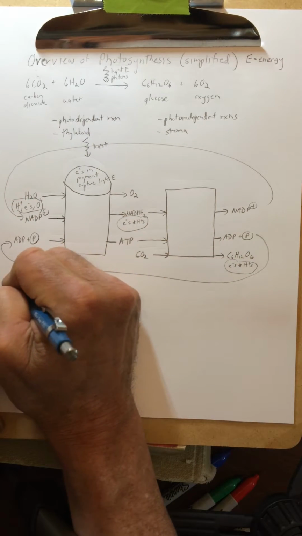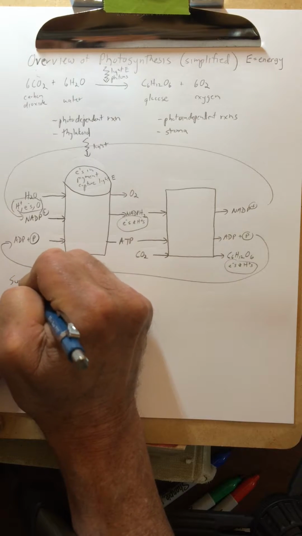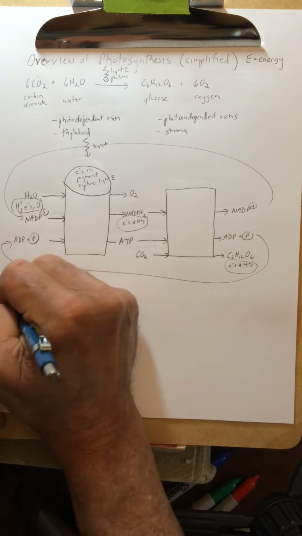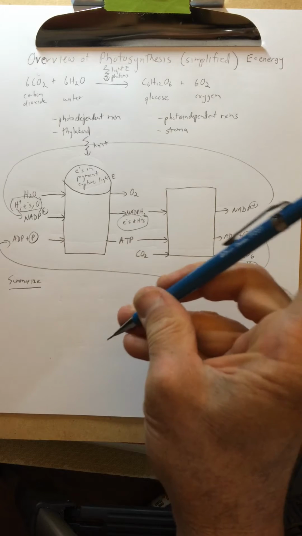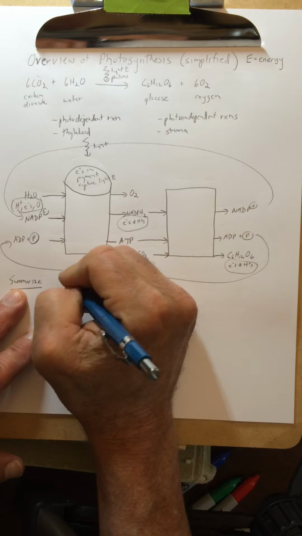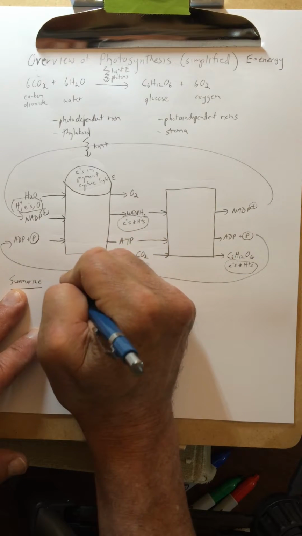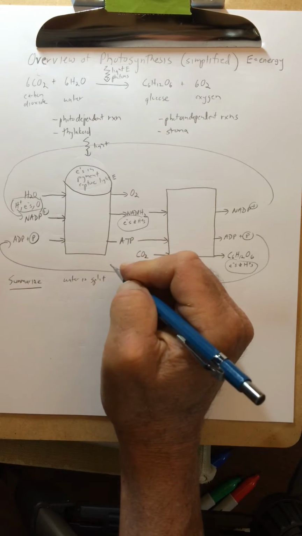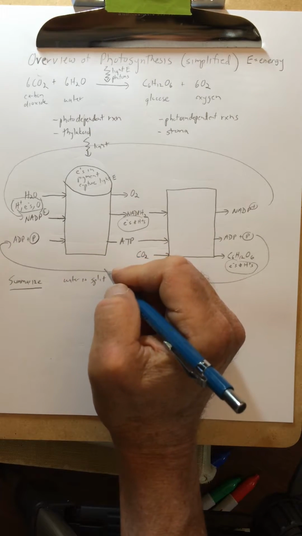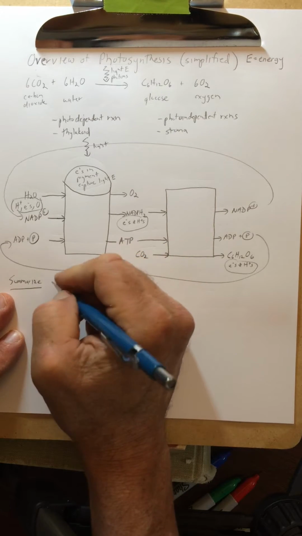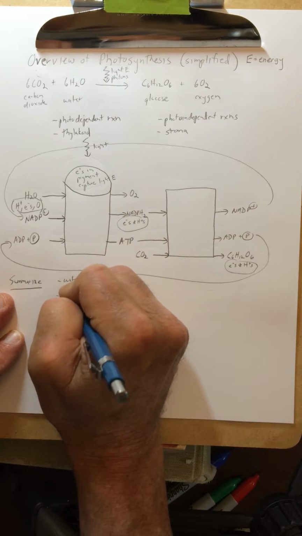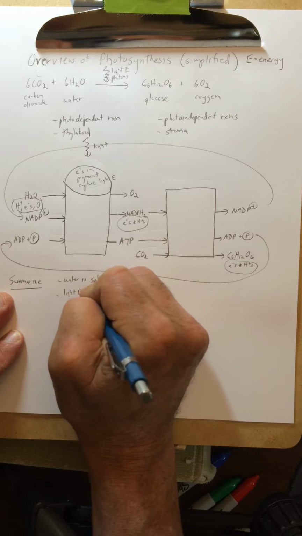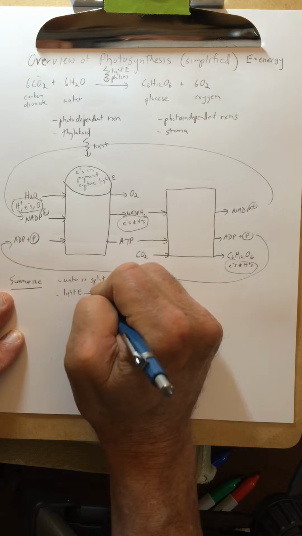So to summarize, in the photo-dependent reactions, water is split into oxygen, electrons, and H+ ions. Light energy is converted into chemical energy.